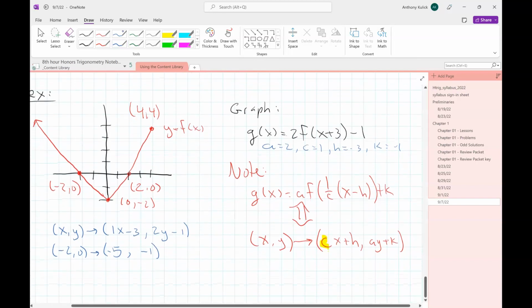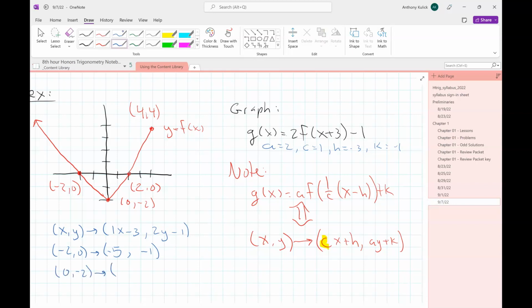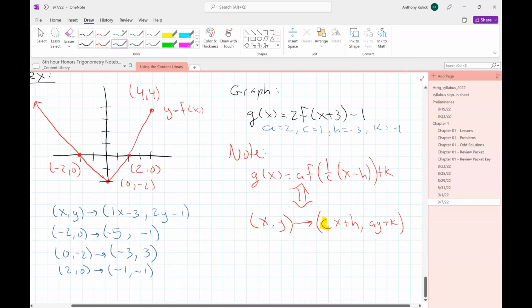So -2, 0 becomes -5, -1. 0, -2 becomes -3, 3. 2, 0 becomes -1, -1. And then 4, 4 becomes 1, 7.